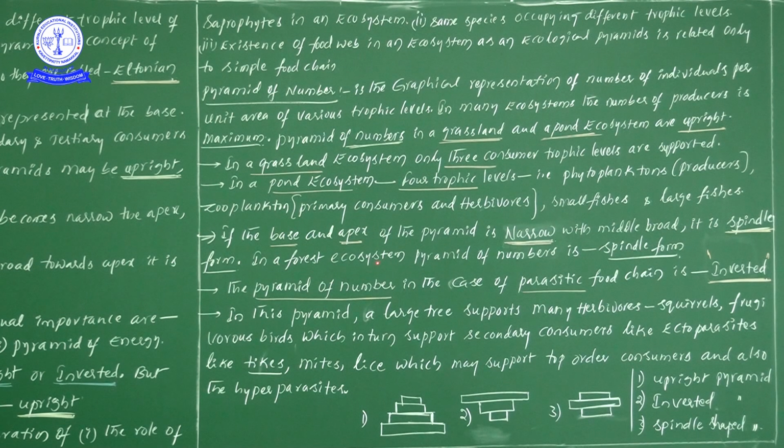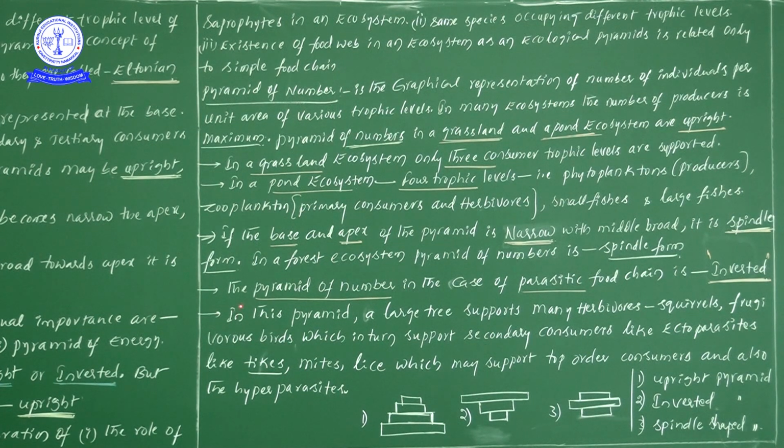Next one, in a forest ecosystem, the pyramid of number is spindle form. Here, from the spindle form point of view, it is the best example. If you take a forest ecosystem, their pyramid of number is spindle form. So we can see the spindle form of structure in a forest ecosystem, right?